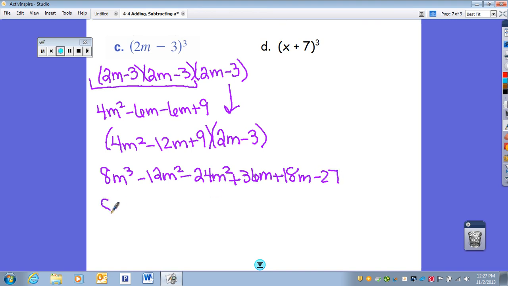So when I combine like terms, I'm going to have 8m cubed, I have negative 12m squared and a negative 24m squared, which gives me negative 36m squared. 36m and 18m combined together will give me 54m, and then my constant term is minus 27.